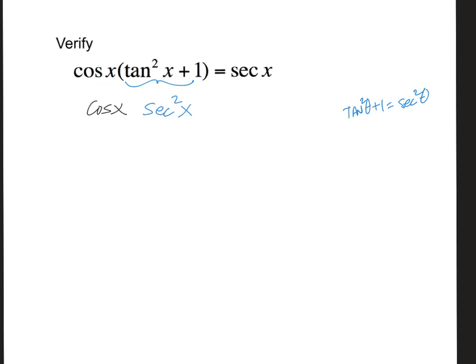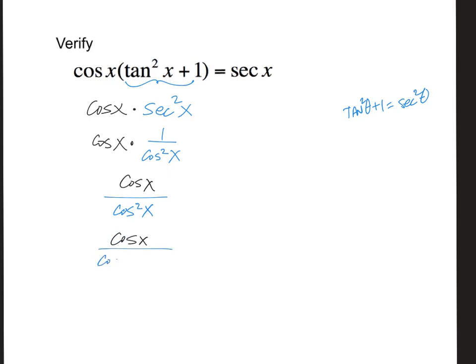And I'm multiplying by cosine x. Well, secant squared x could be written as 1 over cosine squared x. And I'm multiplying, so technically on the top I have cosine, and on the bottom I have cosine squared. Now I can cancel 1 from the top and 1 from the bottom.